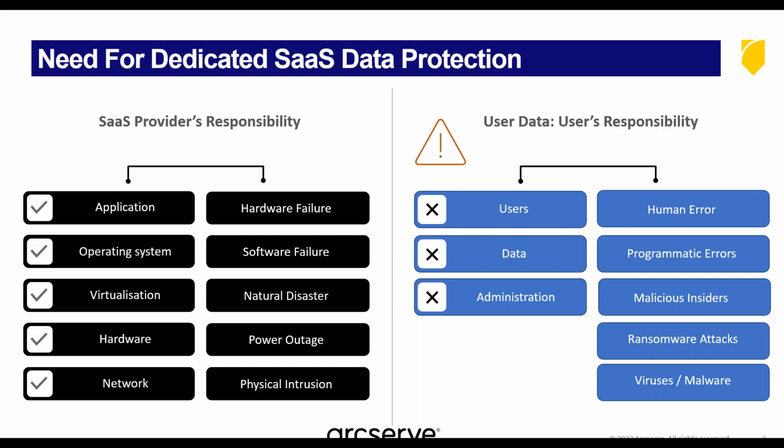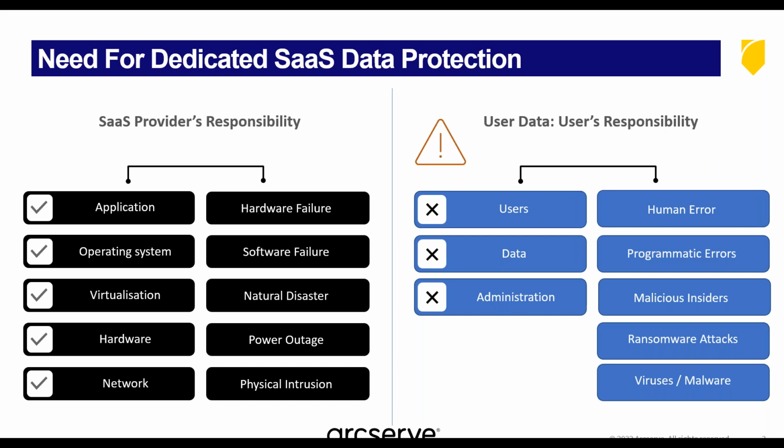This slide gives you a quick glance at what is the SaaS provider's responsibility and what is the user's responsibility. In general, the SaaS provider provides you the platform. They'll manage the hardware for you, and they'll manage the software aspect of the application that you need to run.